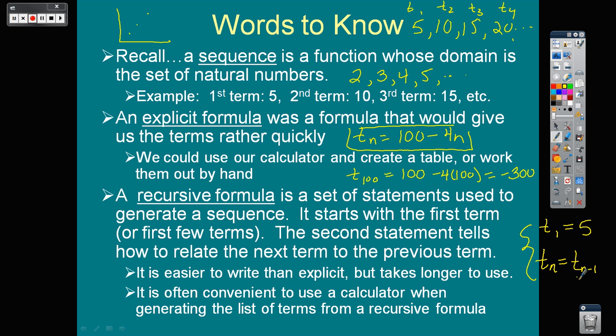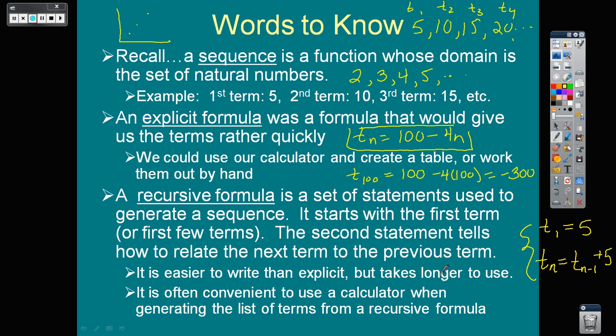So if this is T sub 100, this would be T sub 99. And what am I doing each time? What is that rule? Well, each time I'm adding 5. This is saying, hey, this sequence starts with 5, and to find that mystery term, you go to the one before it and you add 5 more.